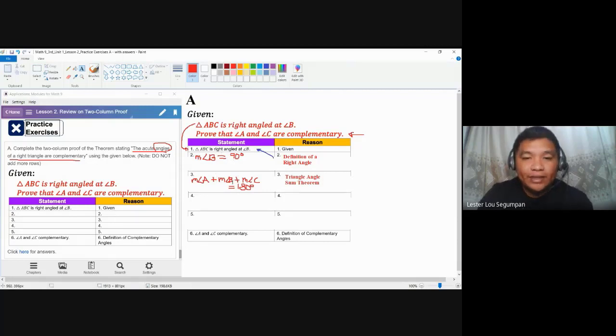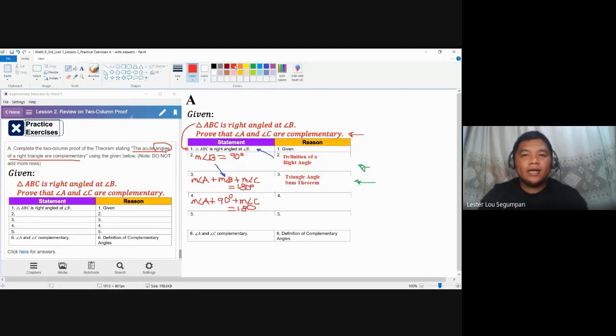We come up with this because we can now use the substitution property, and rather than using angle B here, we could actually say the measurement of angle A plus, substituting 90 degrees, plus the measurement of angle C sums up to 180 degrees. This is a connection between rows 3 and 2.